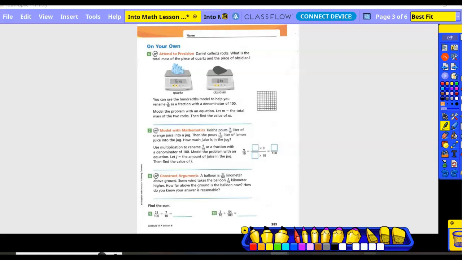Okay, so we would do what? 2,700 plus 5/10 equals the mass of both rocks. So 5/10, is this in tenths or is this in hundreds? Hundreds. Okay, so if I was going to do 5/10, how many longs would I color in?